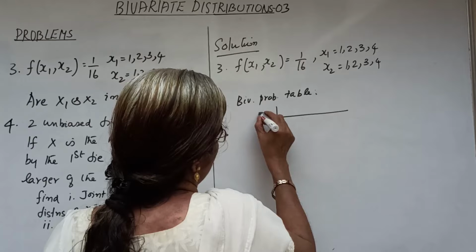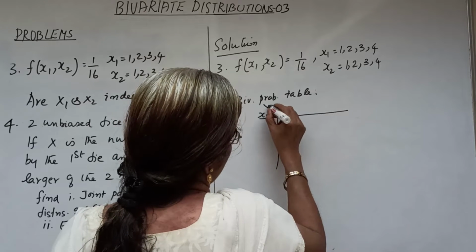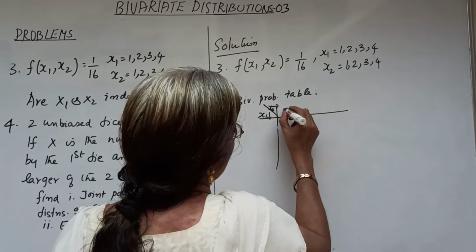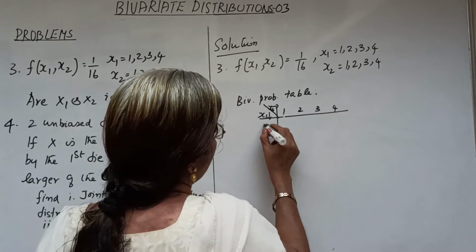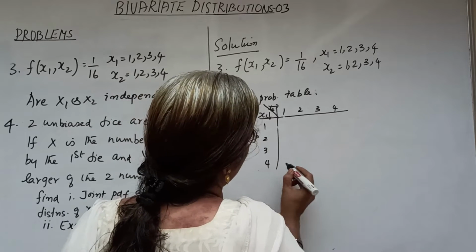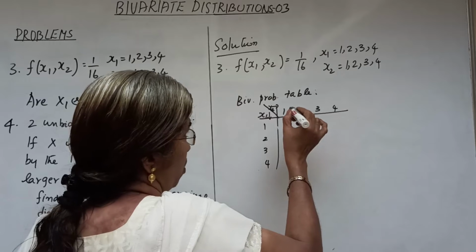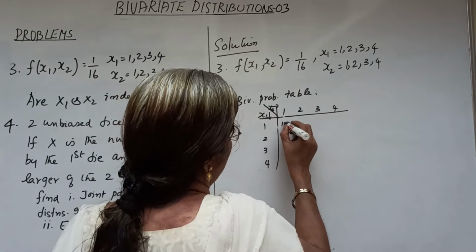We shall consider x1 and x2. X2 takes the values 1, 2, 3 and 4 and also x1 takes 1, 2, 3 and 4. For all pairs of x1 and x2, this probability is 1 by 16.